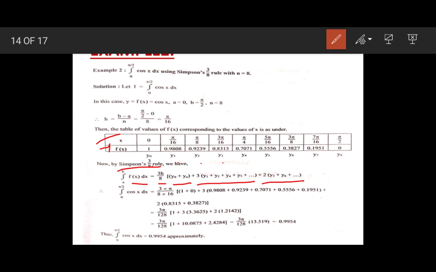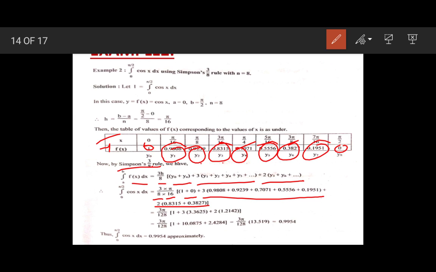So here 3 upon 8 into h, which is pi upon 16. Now the first value is 1 and the last value is 0. So 1 plus 0 plus 2 into the multiples of 3, so y3 and y6, plus 3 into the remaining terms. The remaining terms are y1, y2, y4, y5 and y7. Okay.